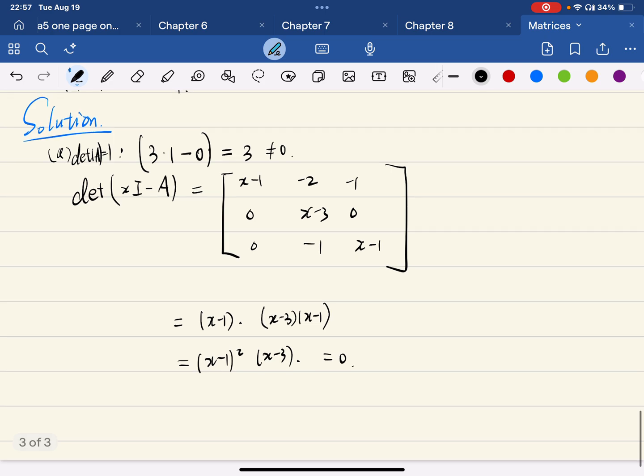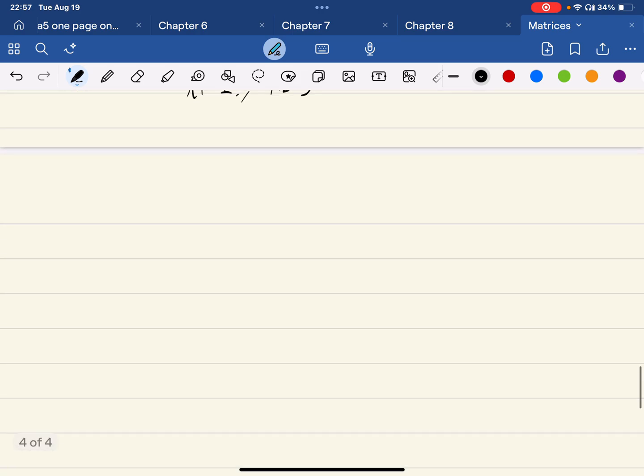So we got the first characteristic value is 1, the second is 3. So for these values, we now find their eigenvectors.